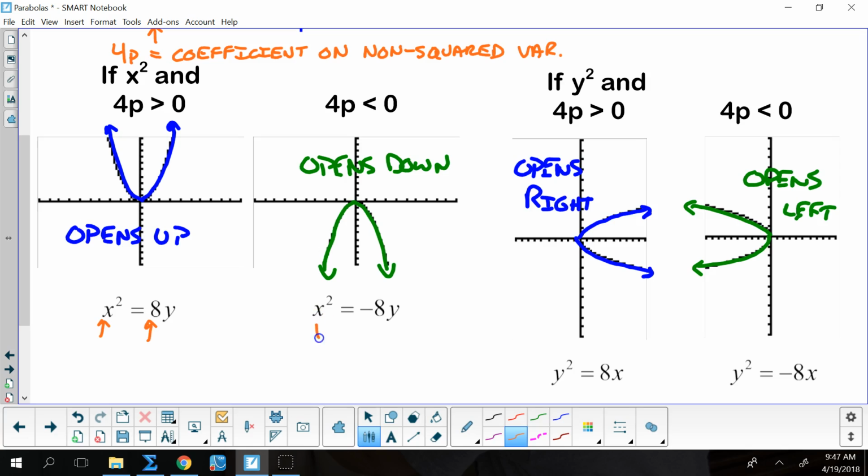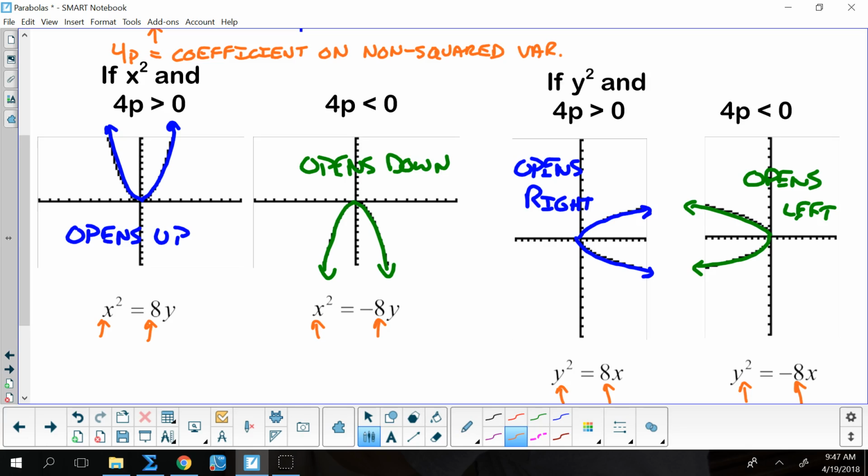I have x squared and 4p is negative, so I'm opening down. Here y is squared and 4p is positive. That's going to open to the right. Y squared and 4p is negative, opens left.